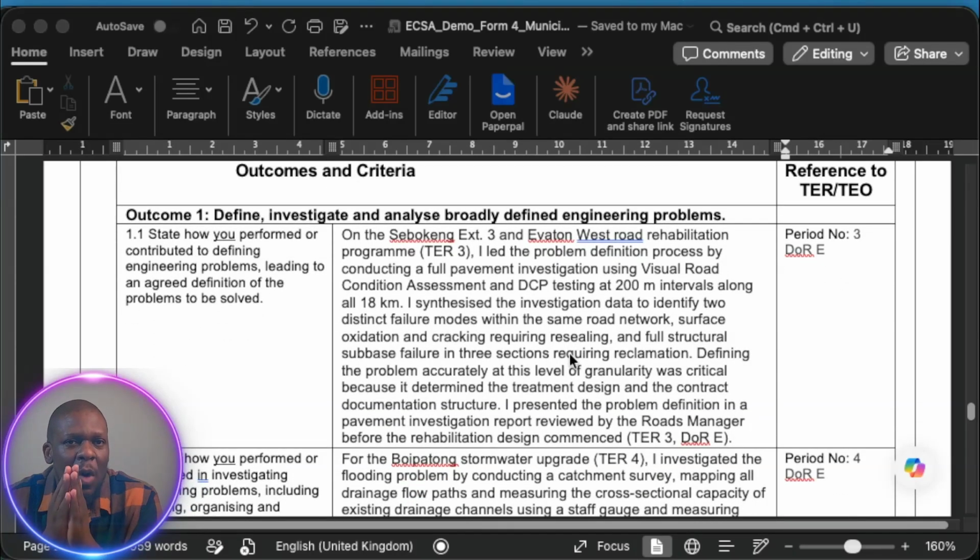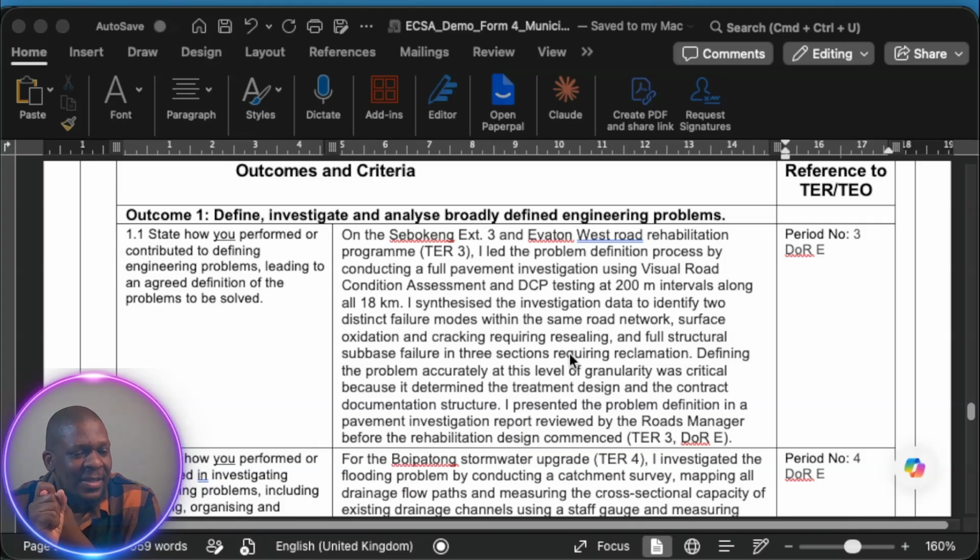Now, outcome 1.1 says, state how you performed or contributed in defining engineering problem leading to an agreed definition of a problem to be solved. Here, they want you to indicate how you performed or how you contributed in defining the problem.